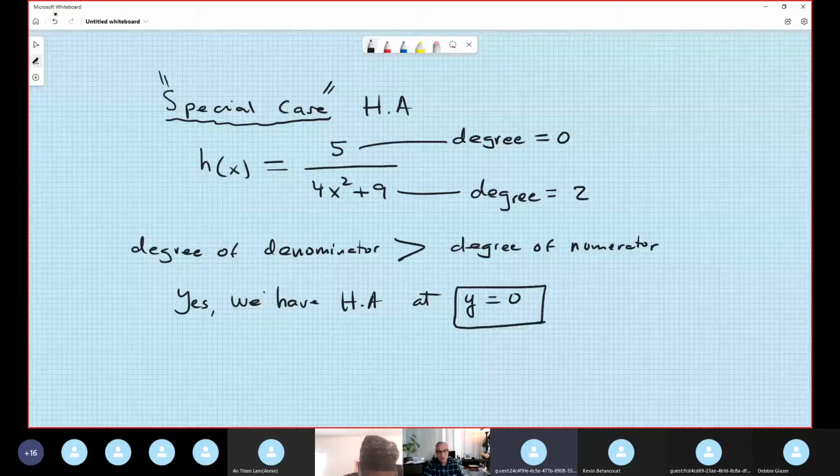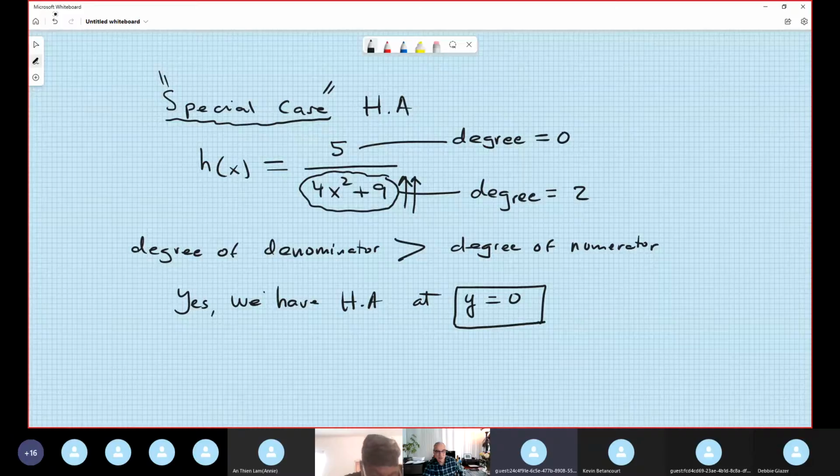The polynomial at the bottom is increasing faster than the one on top. Actually, the top doesn't increase, it stays constant. But suppose x is increasing, the bottom increases faster. And when you divide one thing increasing by another increasing faster, it's obvious that the total quotient is going to 0.